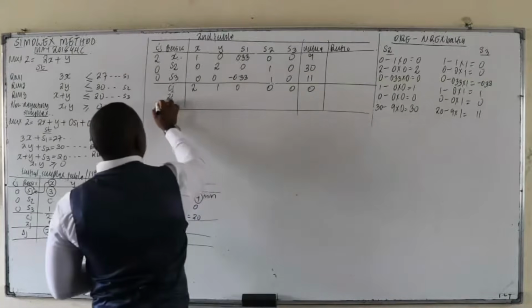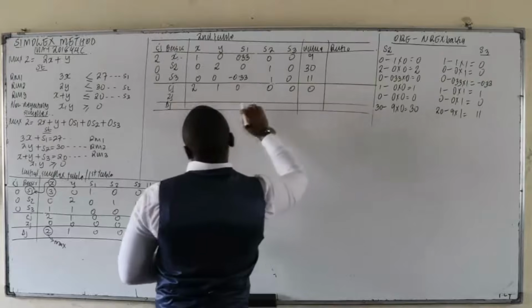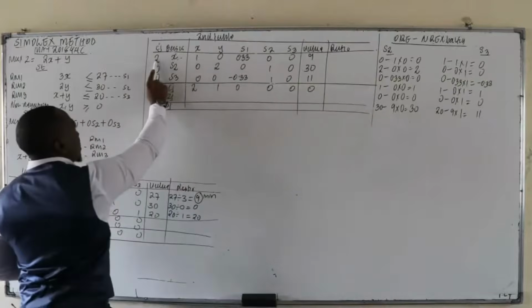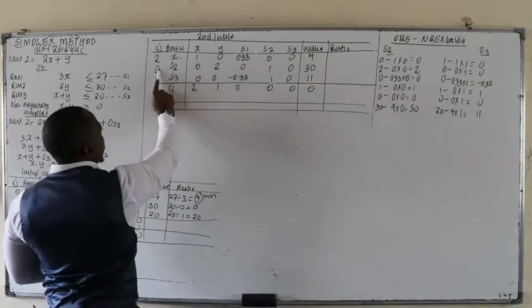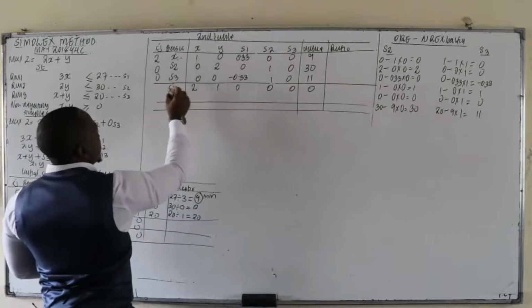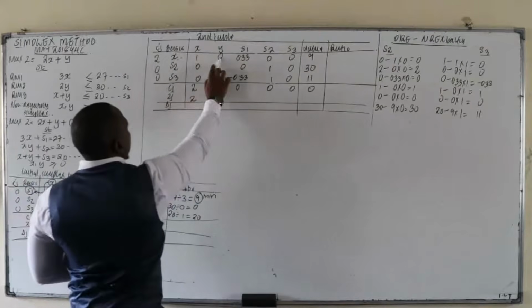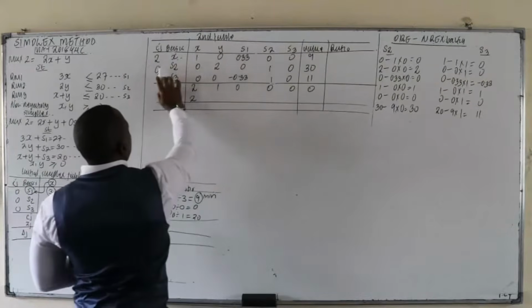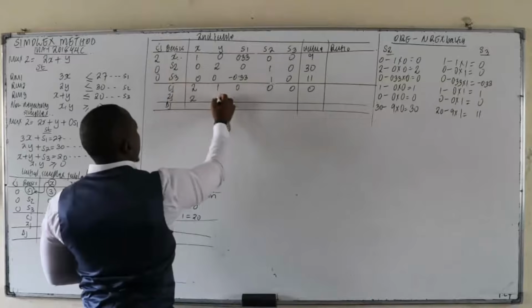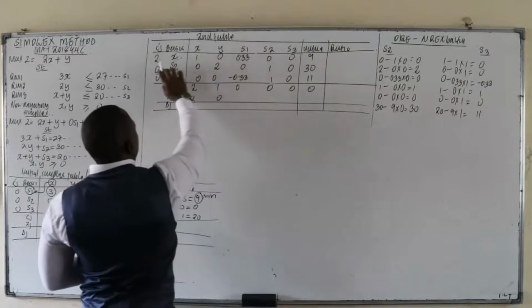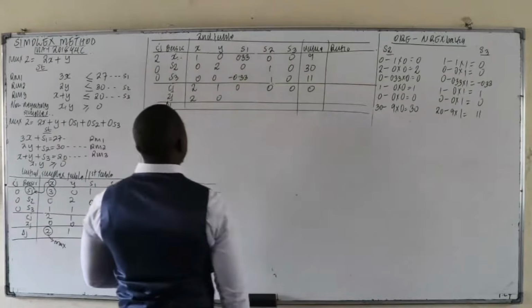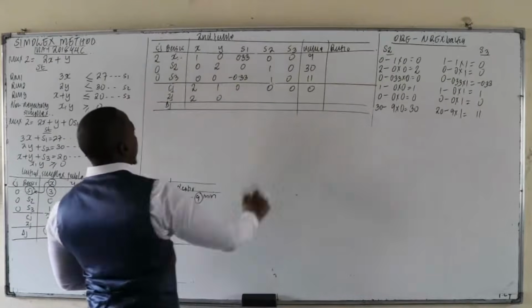Then we get Zj. To get Zj, it's 1 times 2, you get 2, plus 0 times 0 is 0, 0 times 0 is 0. So you get 2. 0 times 2 is 0, 2 times 0 is 0, 0 times 0 is 0. 0.33 times 2, you get 0.66.